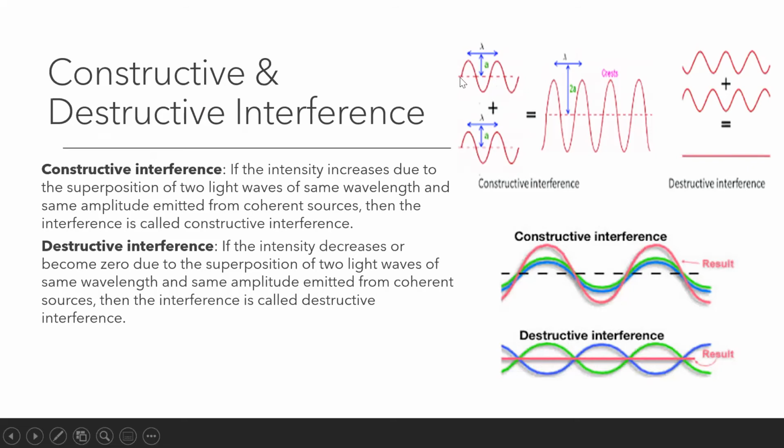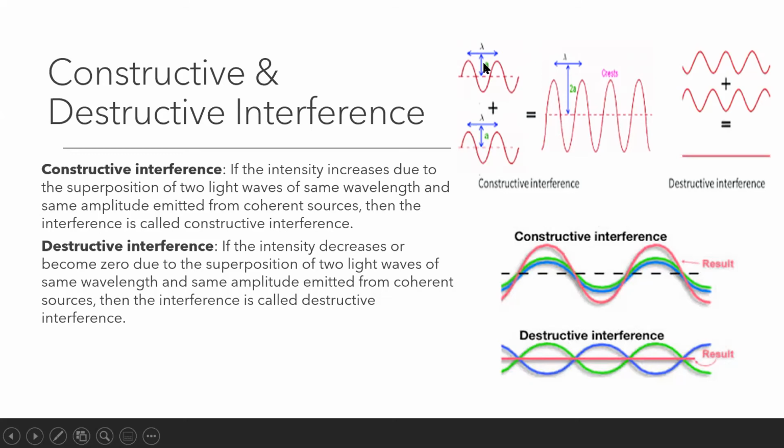So here, when these two waves combine, these two waves are in phase, which means the crest comes together, trough comes together. So if such two waves in the same phase join together, superpose or add up, what we will get is a large wave. See, the amplitude gets added up.